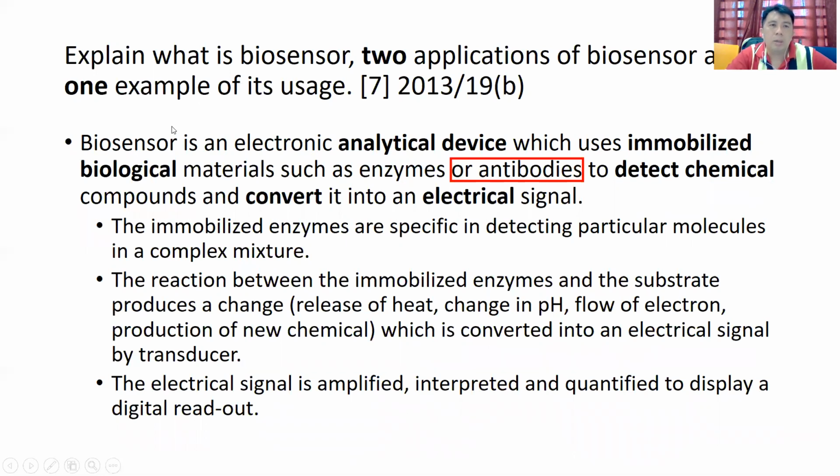So what is a biosensor? A biosensor is an electronic analytical device which uses immobilized biological materials, such as immobilized enzymes or immobilized antibodies. Since you only learned immobilized enzyme, we can remove the antibodies. So a biosensor is an electronic analytical device which uses immobilized enzymes to detect chemical compounds and convert them into an electrical signal.